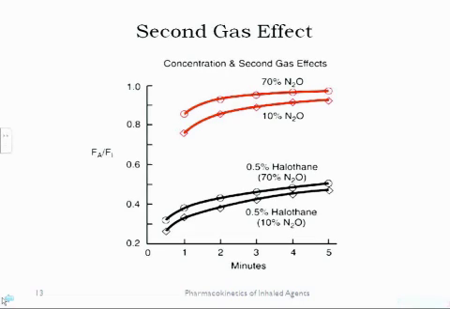It takes them a little longer to equilibrate. But if you use halothane and add to it, it significantly adds concentration. If you're using 70% nitrous oxide, the second gas effect will give you a concentration in the bloodstream that will be much higher for the halothane when you add the nitrous oxide. So it makes the induction occur much more quickly when you're adding nitrous oxide to halothane.